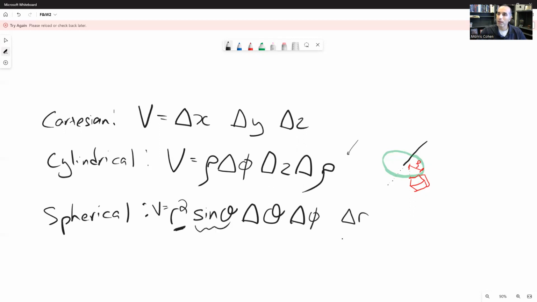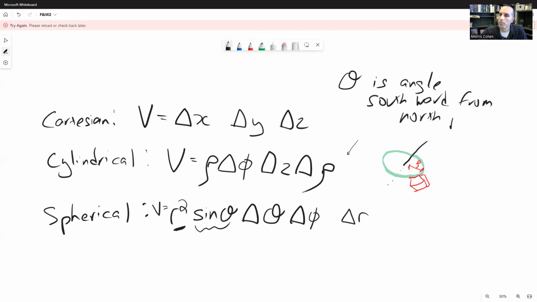The sine theta comes from the fact that if you walk around the Earth, that is easier to do if you're at the North Pole or the South Pole. All right, remember, theta is the angle southward from the North Pole. Meaning the North Pole has a value of theta of 0 degrees.